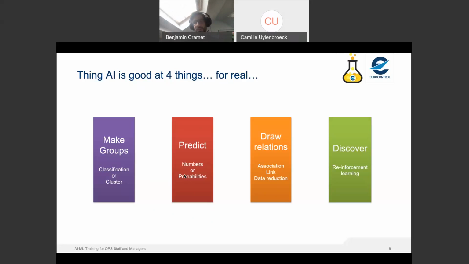Discover, so reinforced learning. It is a continuous learning. Let's think of an autonomous car. You put it on the road, and the car will continue to discover: here the traffic light, here a pedestrian can come from the right, come from the left, here is a truck, etc. All the situations that the car will encounter will be stored and learned, so the car will deduce its behavior.